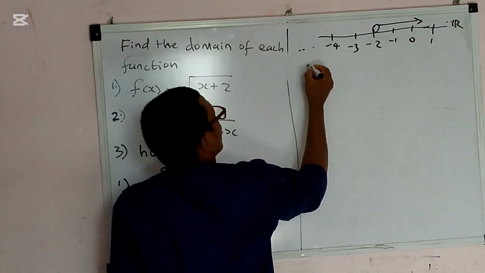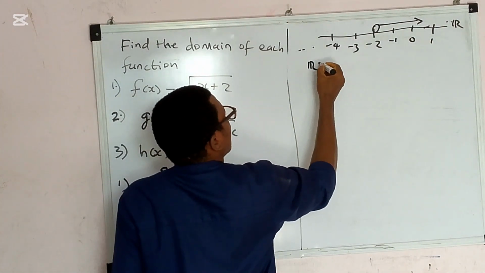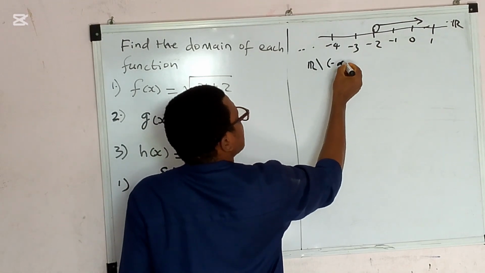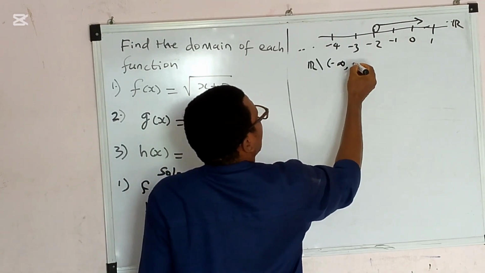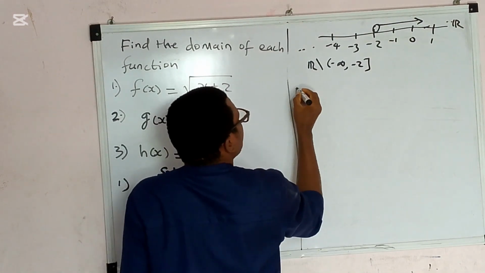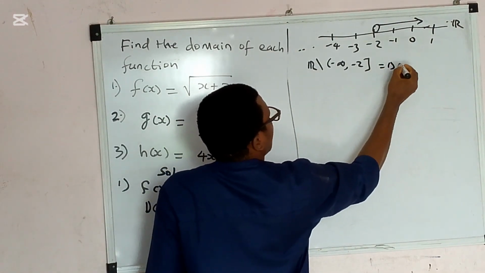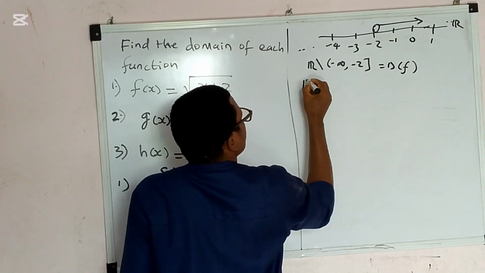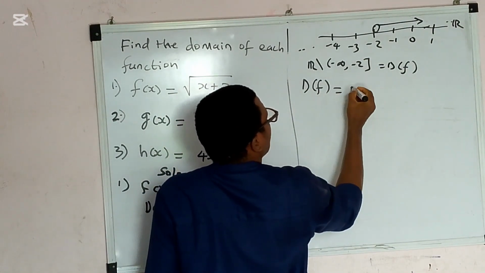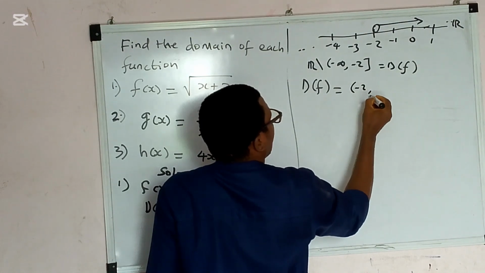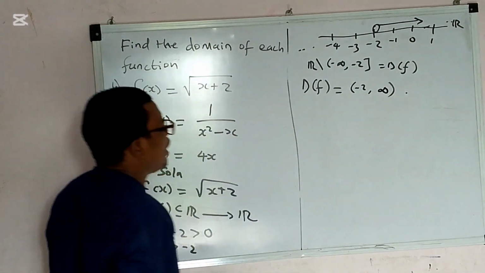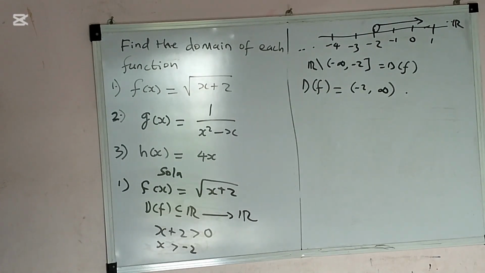So you have the entire real number system minus negative infinity up until minus 2, including. So the domain of f will be from minus 2 excluding up until infinity. So that's the domain of f.